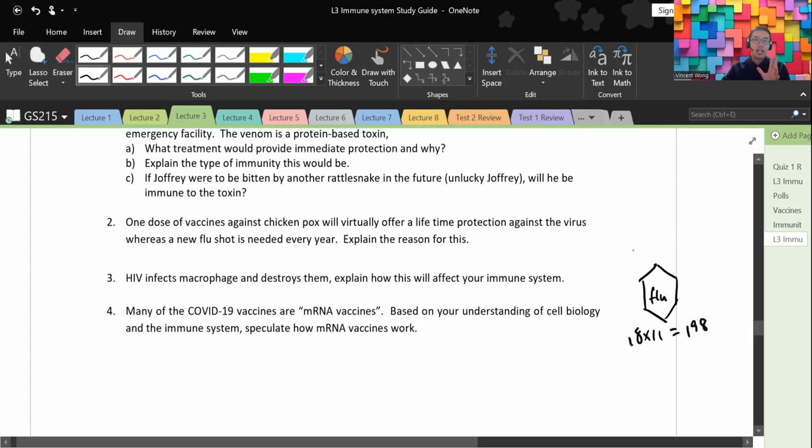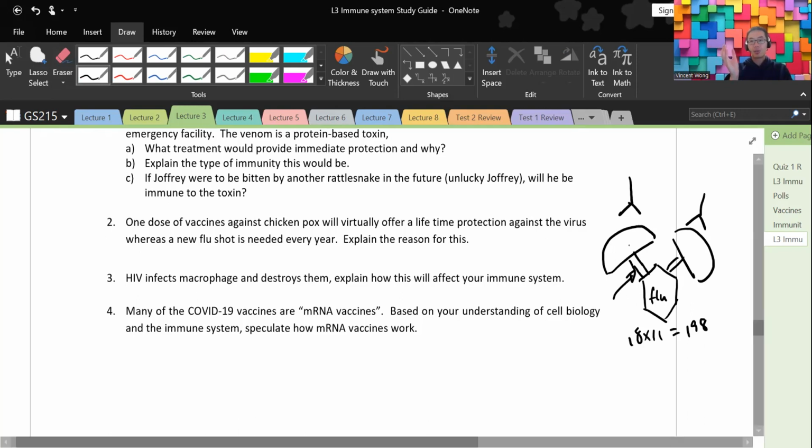You can think of the H and the N as kind of like a huge mushroom on top of the flu virus. The cap of the mushroom is what's changing all the time, all these mutations. If you change the cap, then the antibody that worked before is not going to work anymore. But the stalk of the mushroom is the part that doesn't change very much.